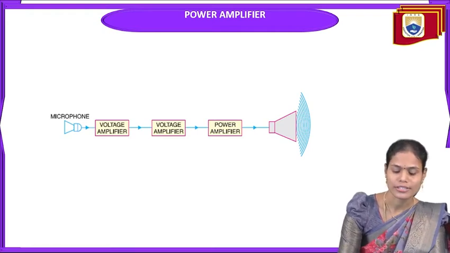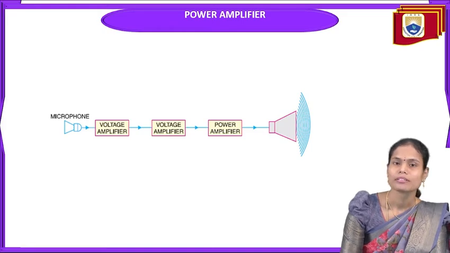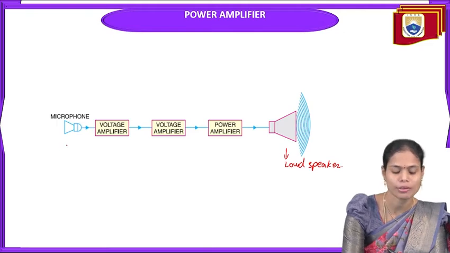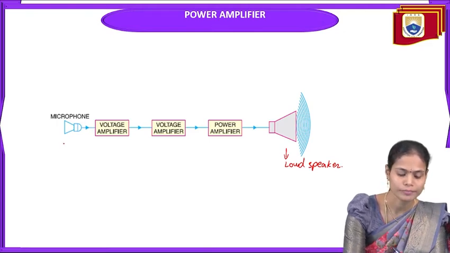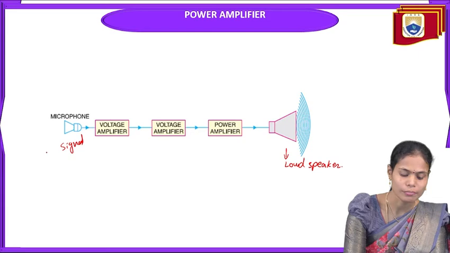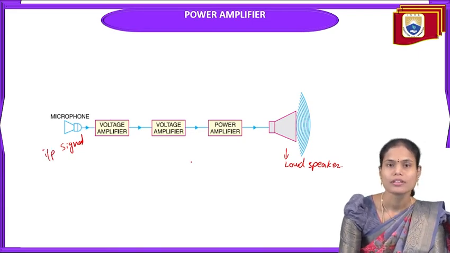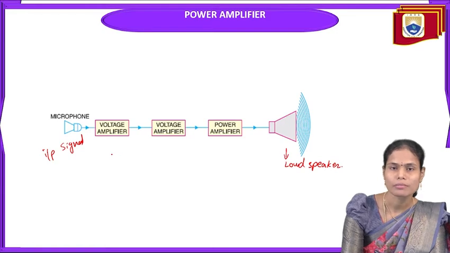Here, for example, I am taking the practical application of a loudspeaker. To run this particular loudspeaker, we are giving the signal from the microphone. The signal coming from this microphone is of less amplitude.